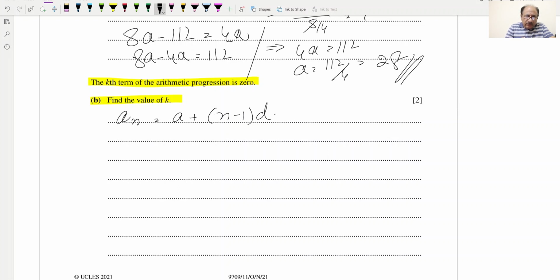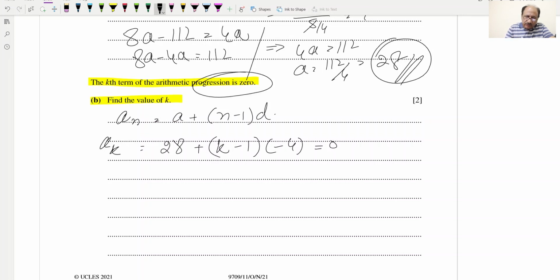So ak is equal to a, which we calculated as 28, plus k minus 1 and the difference is minus 4, equal to 0 as provided in the question.